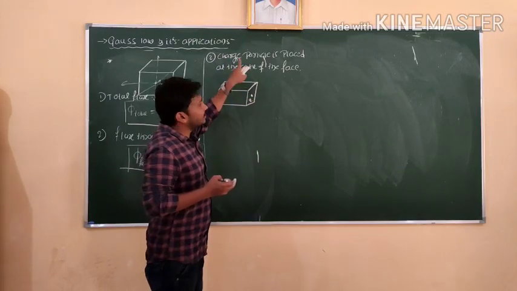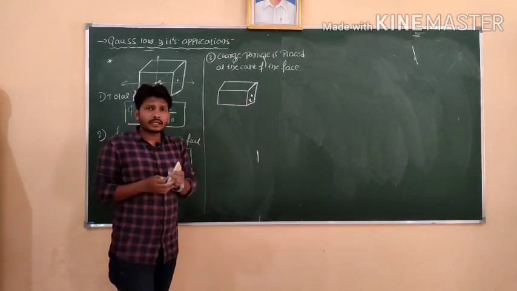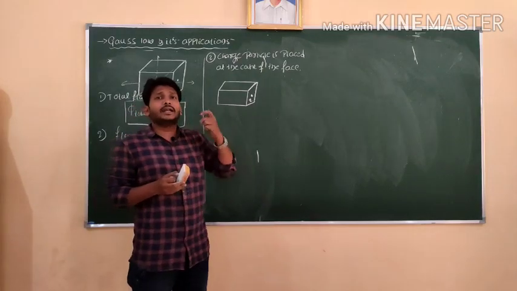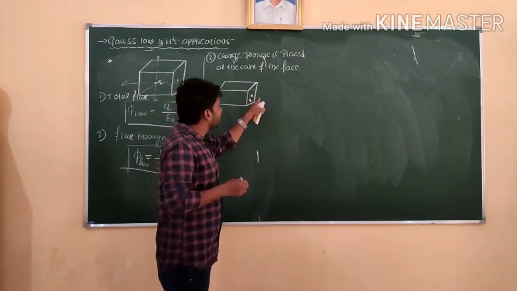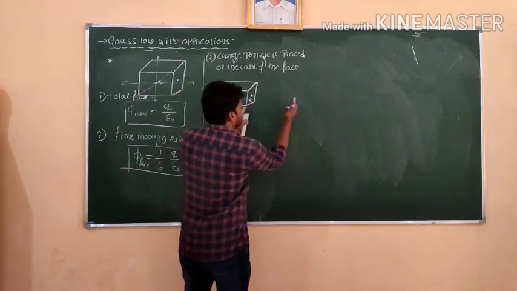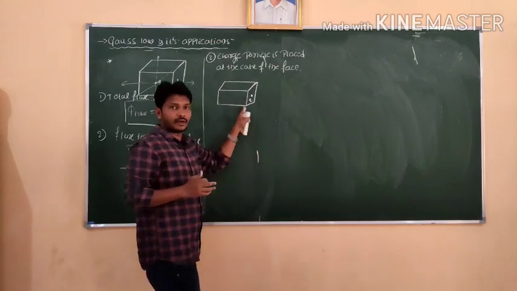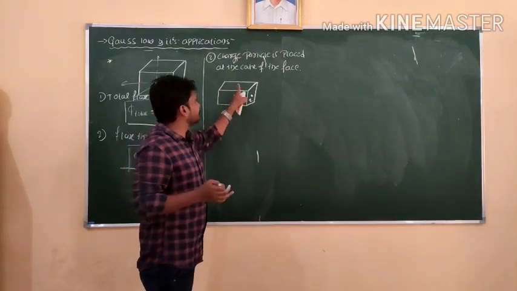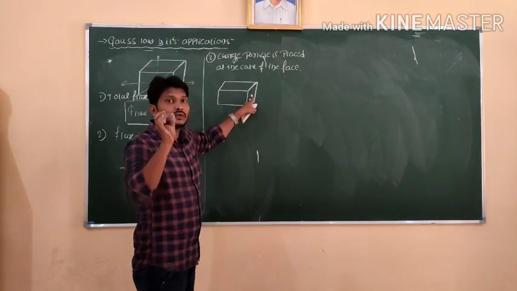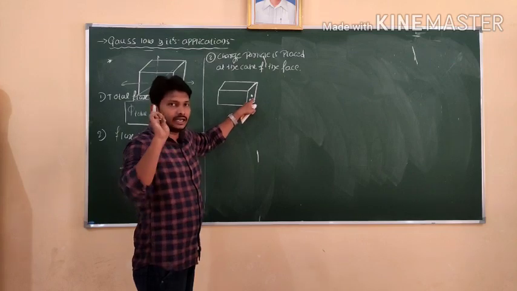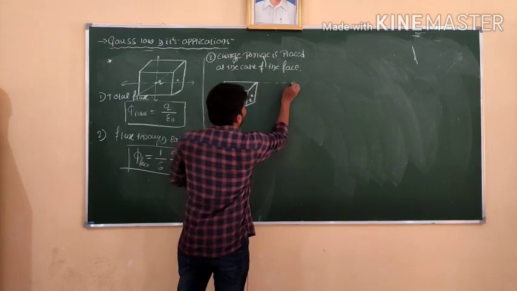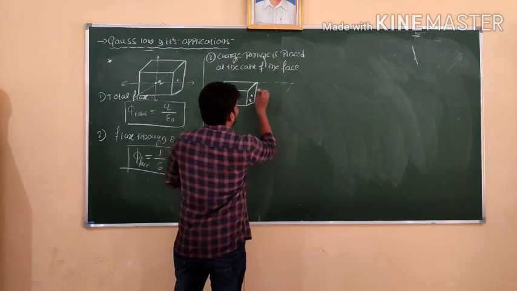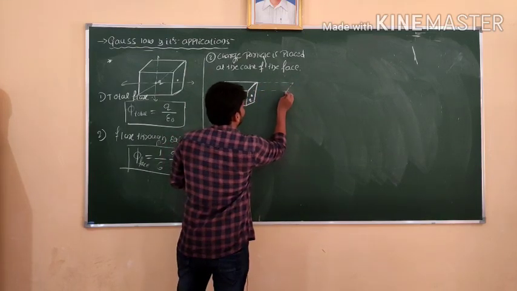In case of the Gaussian surface, I need to consider the enclosed charge. Parallel to this, one more cube is required. If one more cube is present, this charge is enclosed.